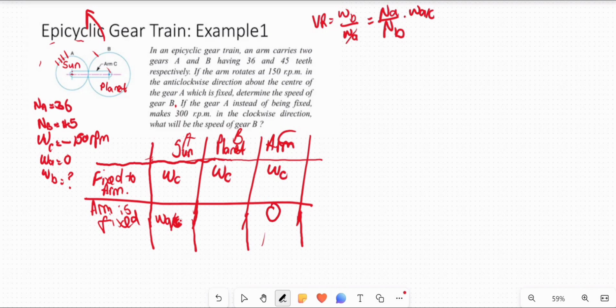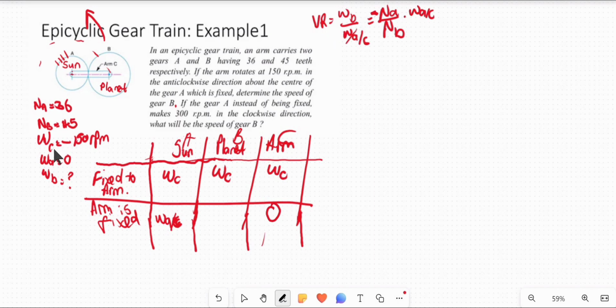Omega A is going at omega A with respect to C, in this scenario. But we already talked about this. If this gear is rotating this way, this gear will rotate in the opposite direction, so there's going to be a reverse in our speeds. Be careful with your vectors.